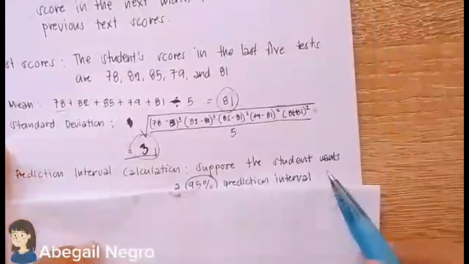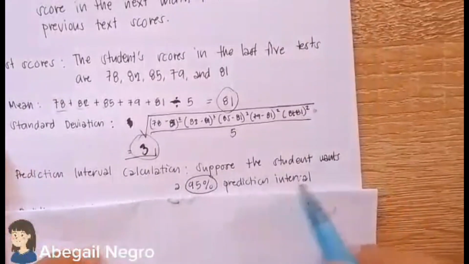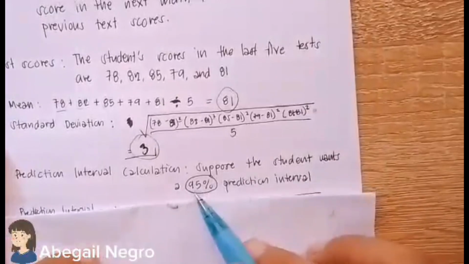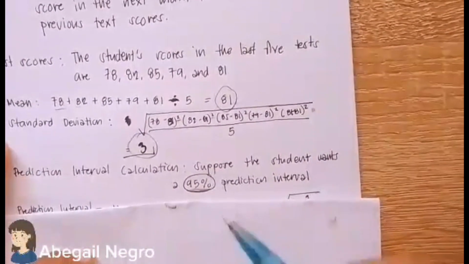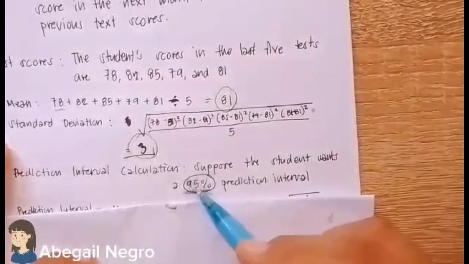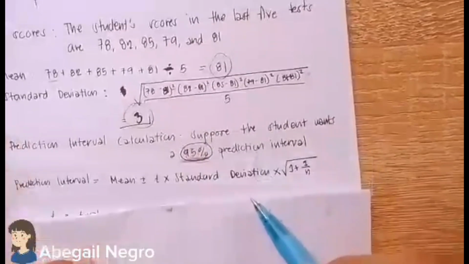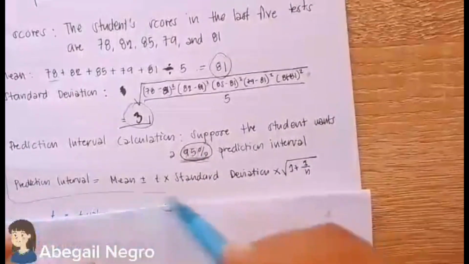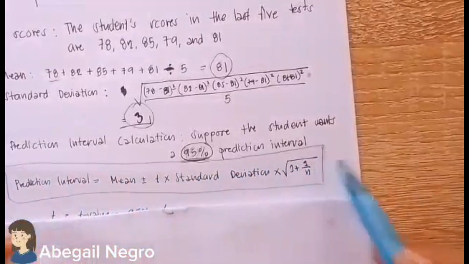So for solving the prediction interval calculation, suppose that the student wants a 95% prediction interval. So let's assume the student wants 95 percent for their prediction interval. This is the general formula for solving the prediction interval.